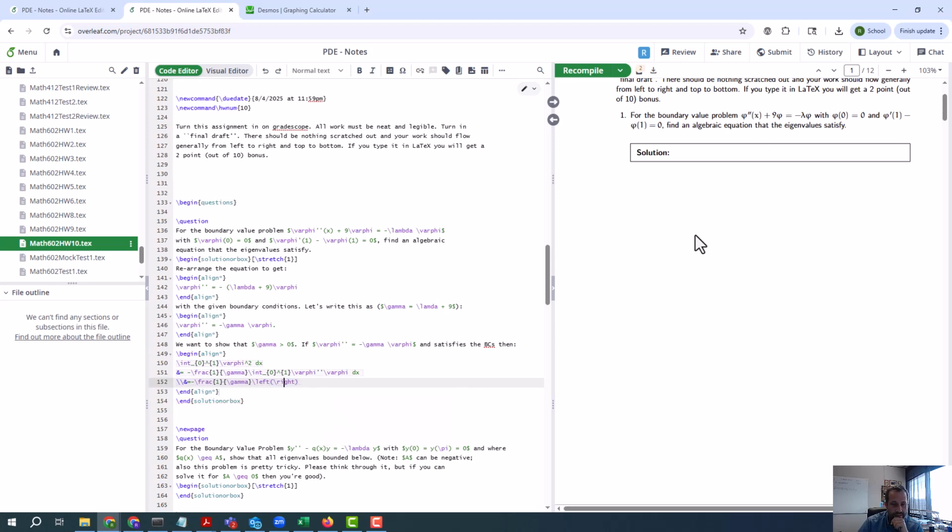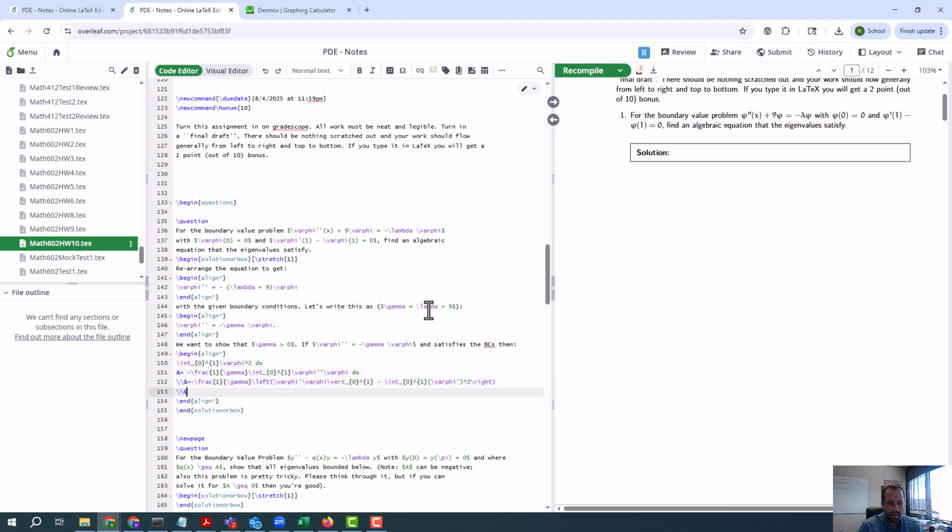We'll have the boundary terms, and phi prime squared. Essentially what I'm getting here is the Rayleigh quotient for this problem. Then minus the integral from 0 to 1, putting the derivative from the double derivative onto the no derivative, and we get that.